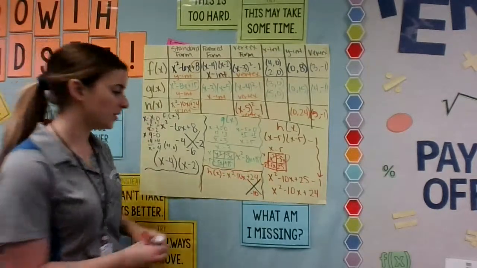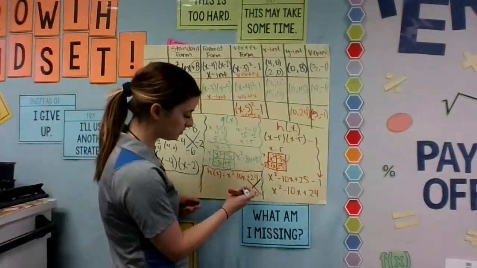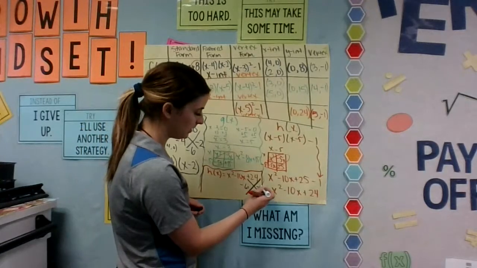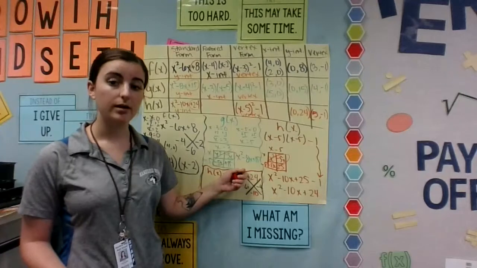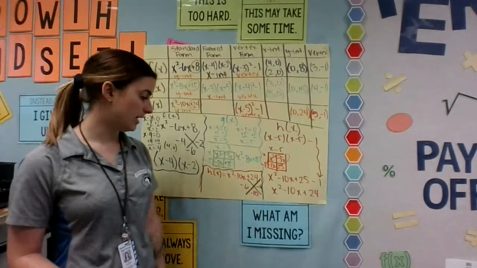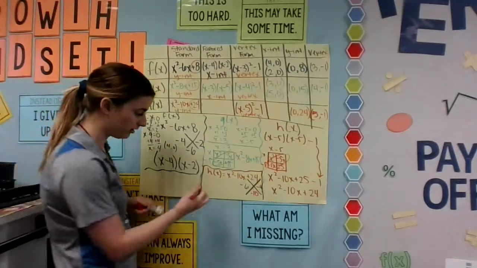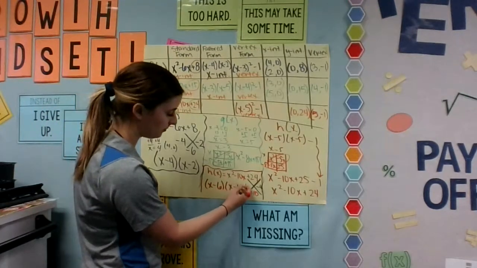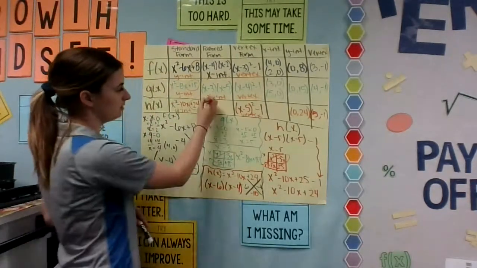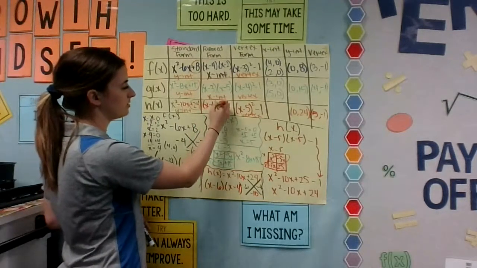Negative times negative is positive. So I know this is going to be negative 6 and negative 4. Negative 6 times negative 4 is positive 24. Negative 6 minus 4 is negative 10. So my factored form is going to be x minus 6 times x minus 4. Okay, so that is your factored form for this equation.